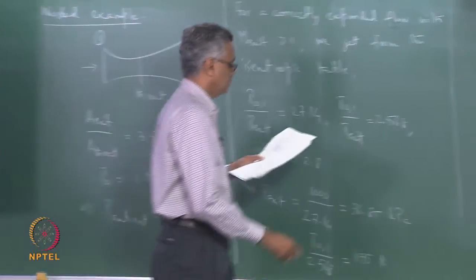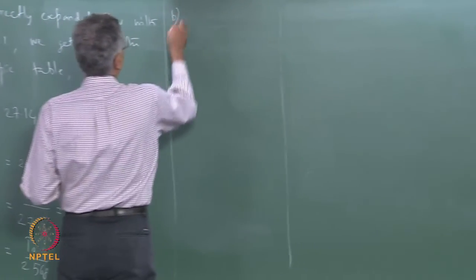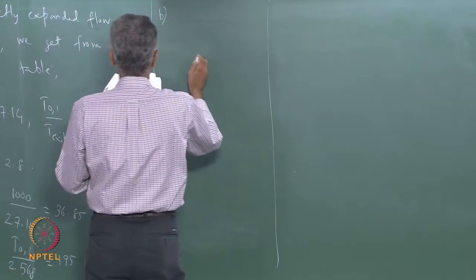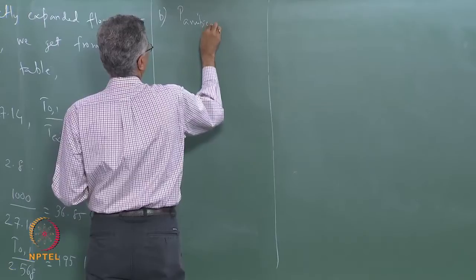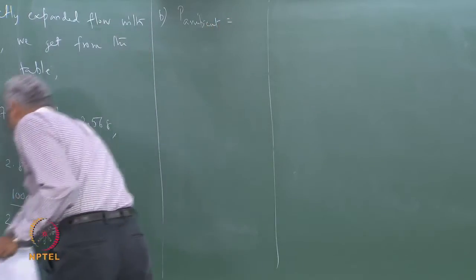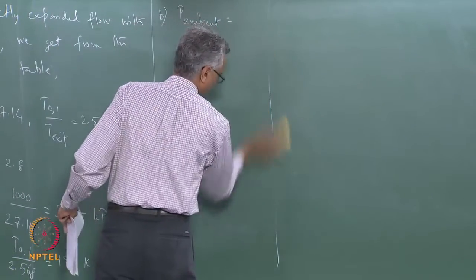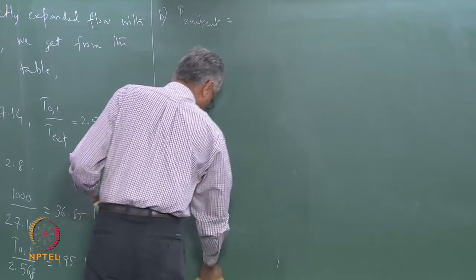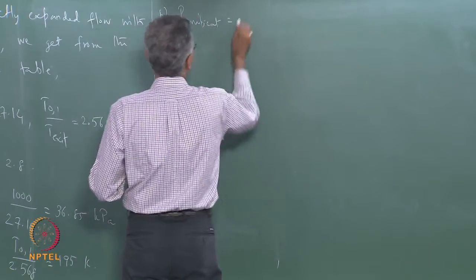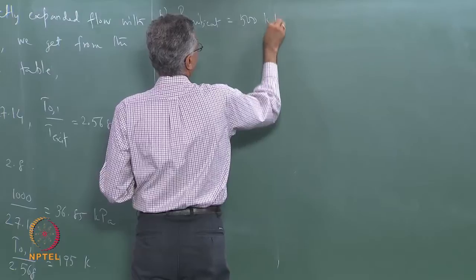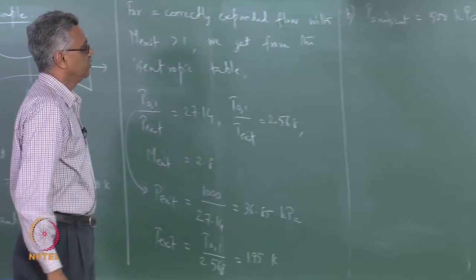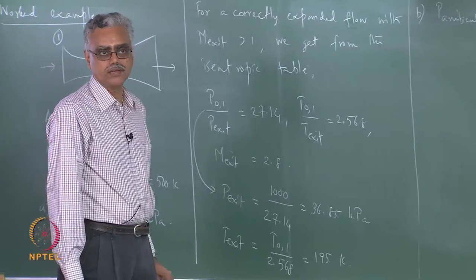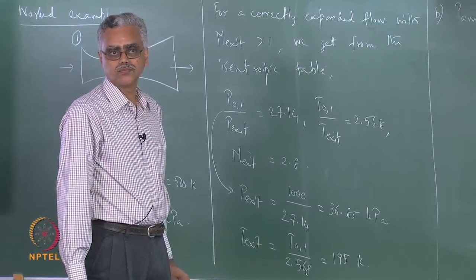The next part of the problem asks us to determine the exit conditions when the ambient pressure is 500 kilopascal. So, we know that this pressure is quite high, okay.